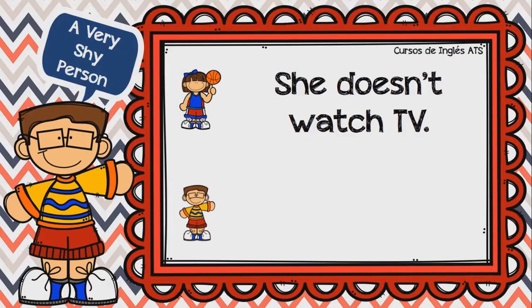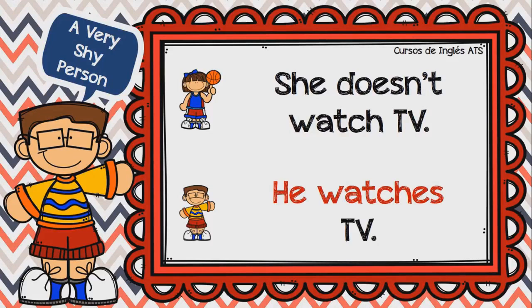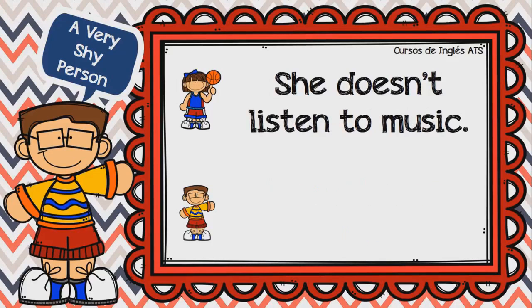Use an affirmative sentence to describe Sheldon. He watches TV. Remember, affirmative sentence with he, she, it, you have to add the S to the verb. He watches TV. Very good.